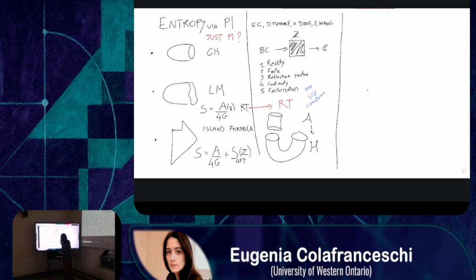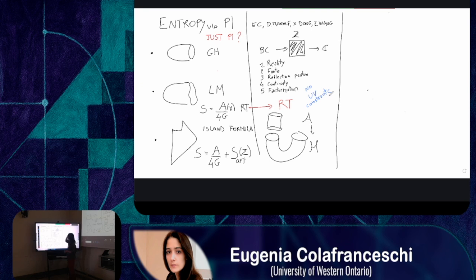Well, I will write in short like this, but the point is that these are very general properties which are not saying anything about the degrees of freedom at the Planck scale of our gravitational theory.